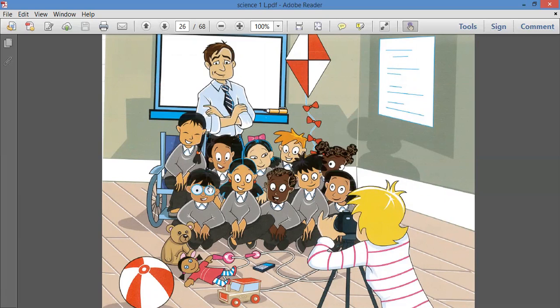Some of them have short hair, and some of them have long hair. Okay, let's move on to the color of their skin. Some of them are white, some of them are medium brown, and some of them are of chocolate color.